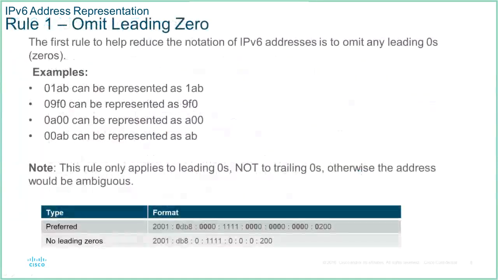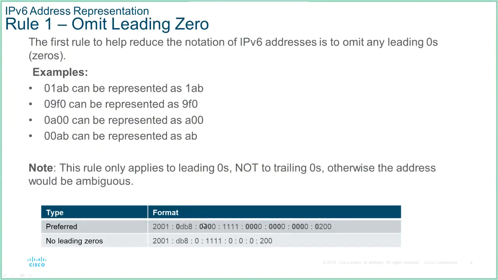So the first rule of hexadecimal is that we can always omit a leading 0. Now, the reason we can do this is we know that between each set of columns there should be 4 hexadecimal digits.